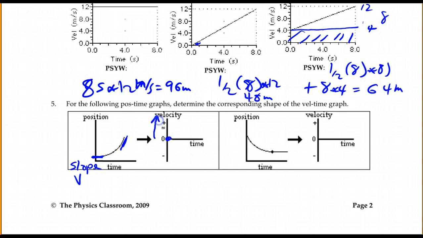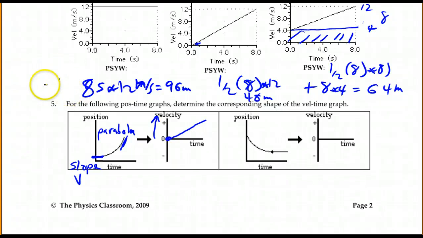So it's going to go more and more up. Now that curve is a parabola, so I should expect that the acceleration is constant, which means in this case the velocity is going to constantly increase. So it should look something like that. Positive slope, because the slope is acceleration, we're moving in the positive direction and we are speeding up.